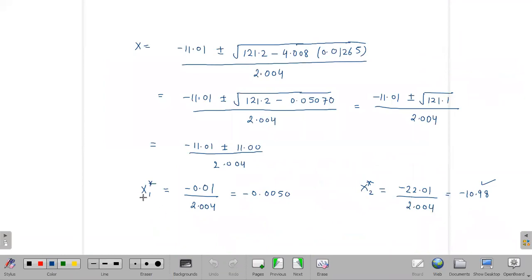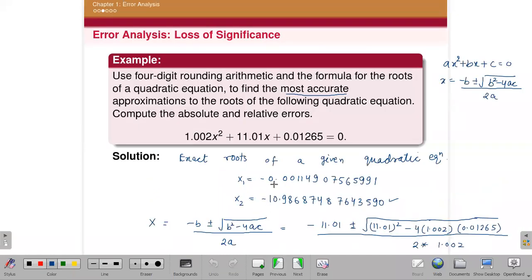But if you look into this x1 star, we got it by taking the plus sign. Plus sign means minus 11.01 plus 11.00. So these are two nearly equal numbers, and it is a subtraction of two nearly equal numbers. So you are getting minus 0.0050, but our exact root is 0.0011.